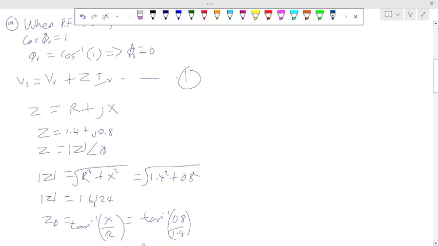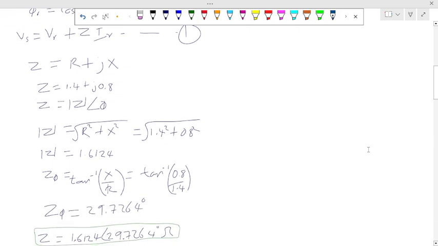Please punch your calculator and be sure what we've done here is correct. And the angle is tan inverse of the reactance divided by the resistance, using the same values, and when you do that you get the angle for the impedance.